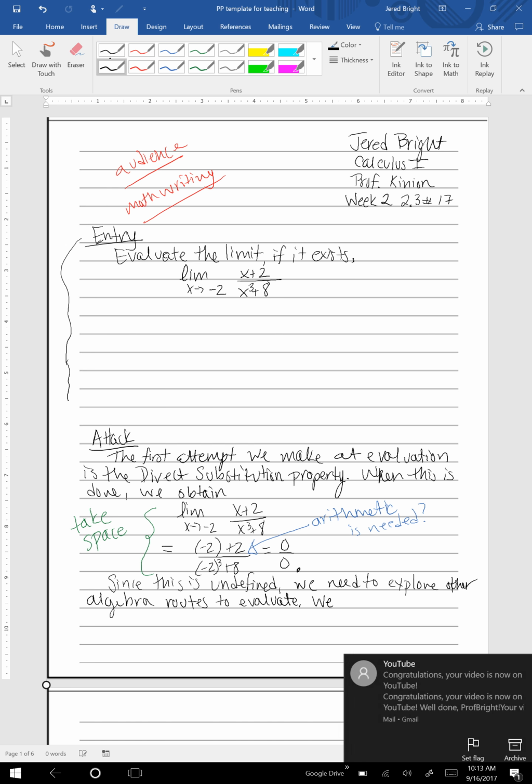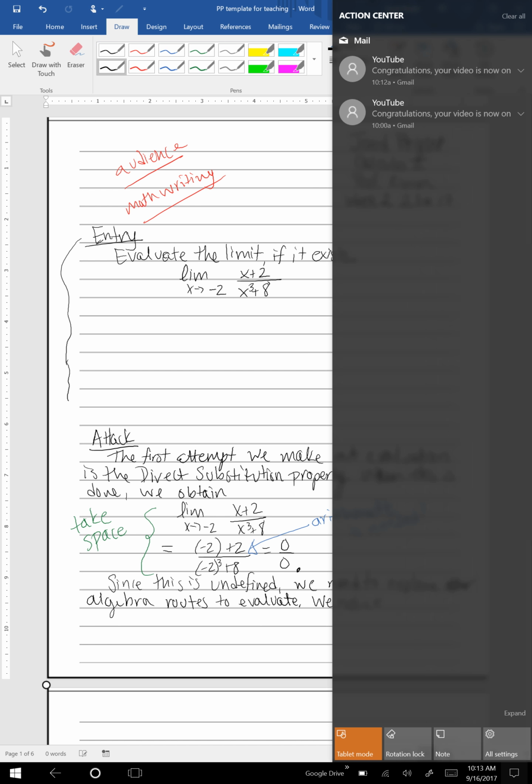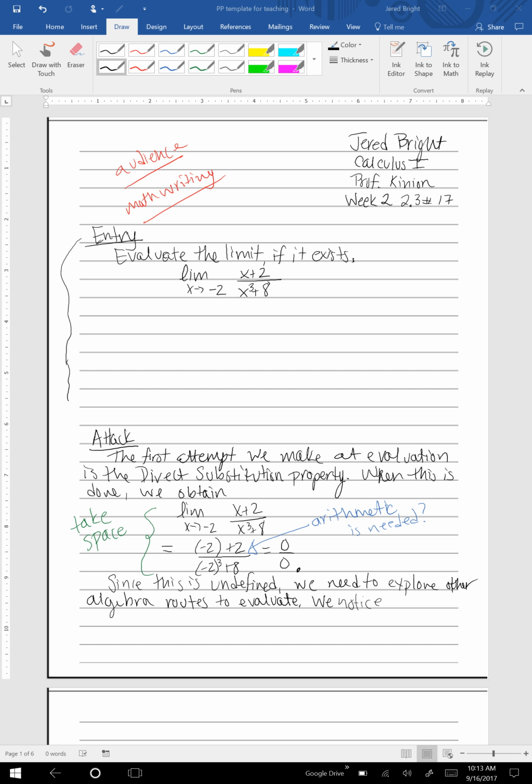We notice, and let me get rid of that. We notice that the denominator factors.